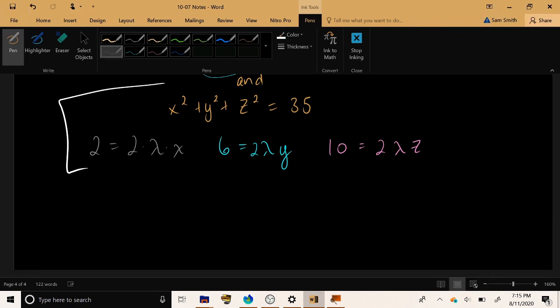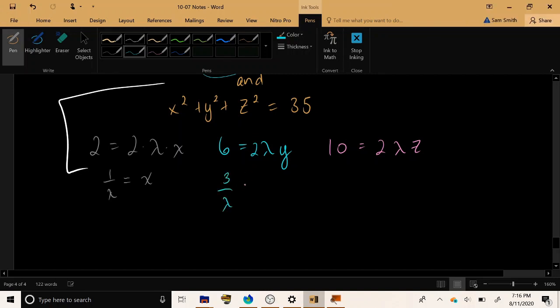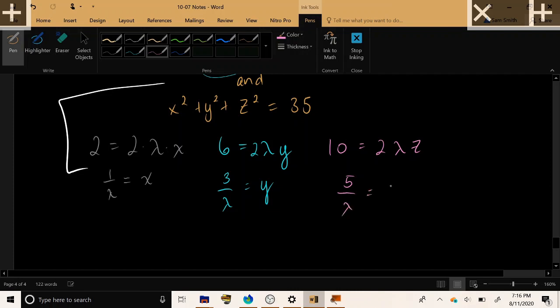For example, the equation on the left-hand side tells us, after we cancel the 2 on both sides, that x must be equal to 1 over lambda. The equation here in blue, after we divide both sides by 2, tells us that 3 over lambda must be equal to y. And the equation here in pink, if we divide by 2, tells us that 5 over lambda must be equal to z.